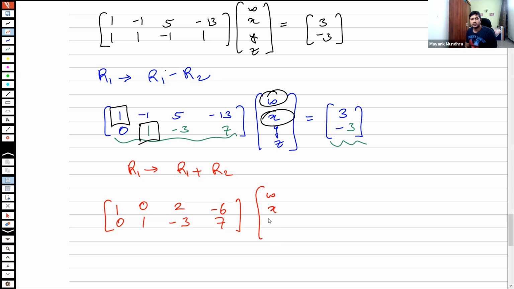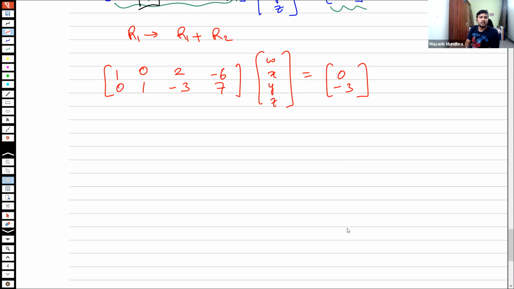Times w, x, y, z equals 0, minus 3. So one equation becomes w plus 2y minus 6z equals 0, so w equals 6z minus 2y.